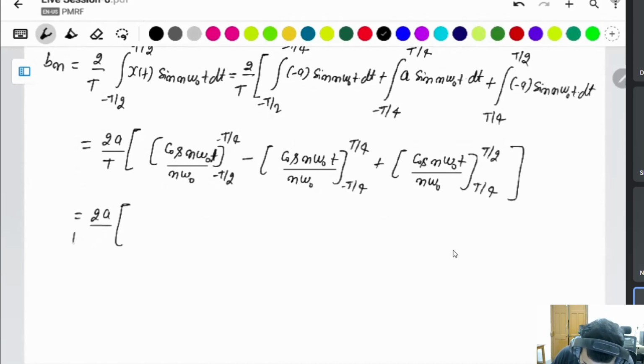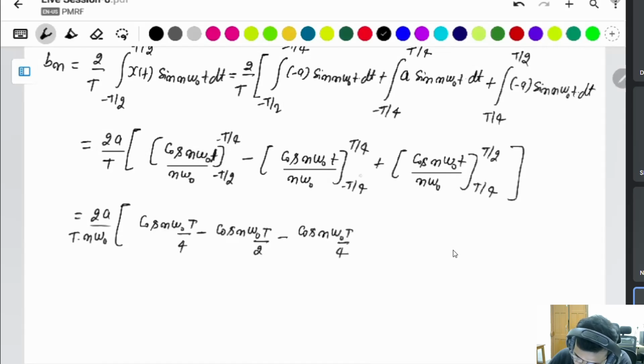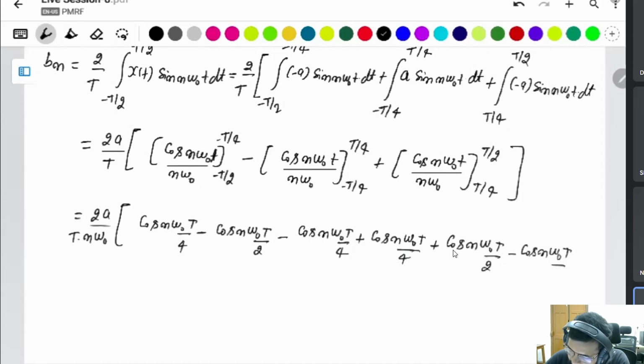You can take a common t into n omega naught, then this value is cos of minus theta will be cos theta, cos of n omega naught t by 2, so t by 4 minus cos of n omega naught t by 2, minus of here cos of n omega naught t by 4, minus minus will be positive, cos of n omega naught t by 4, plus here cos of n omega naught t by 2 minus cos of n omega naught t by 4.